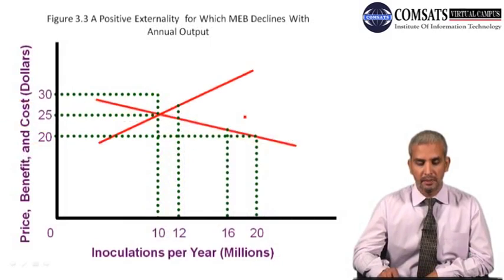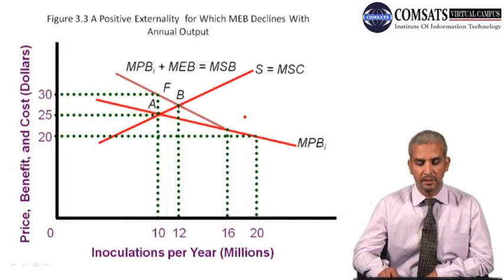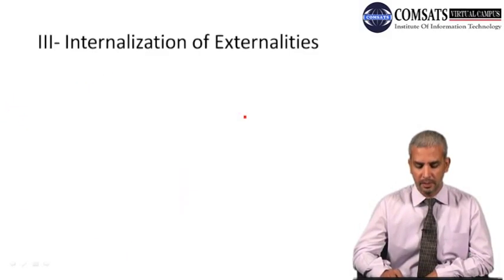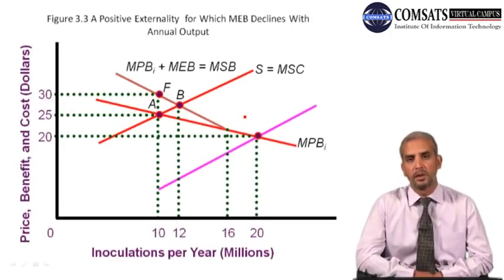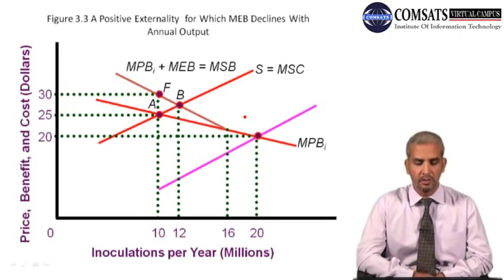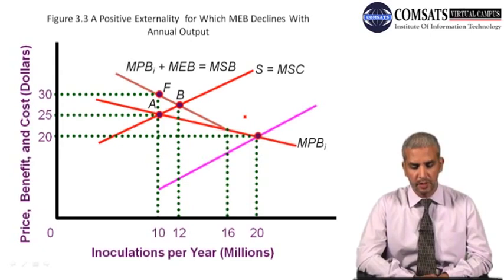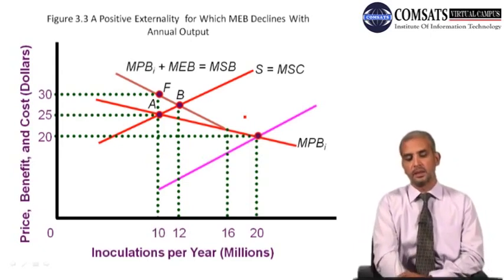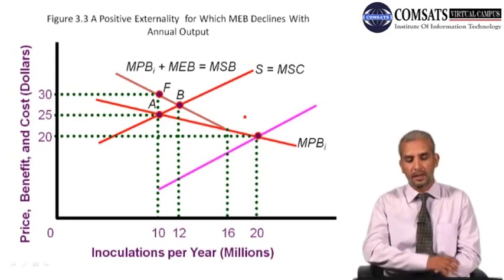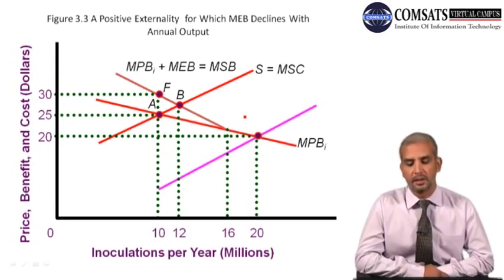Now, there can be certain cases where marginal external benefit declines with the annual output being produced. Let us assume one of these cases over here. Let's start with the marginal private benefit curve, which is a downward sloping demand curve represented by a red line.